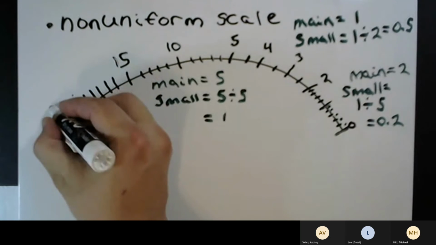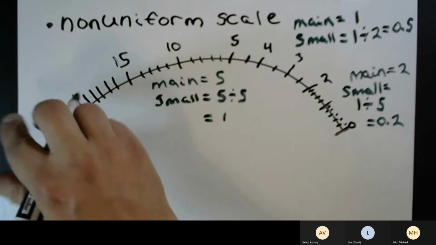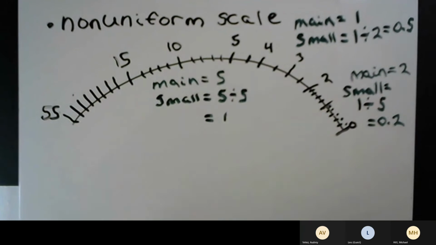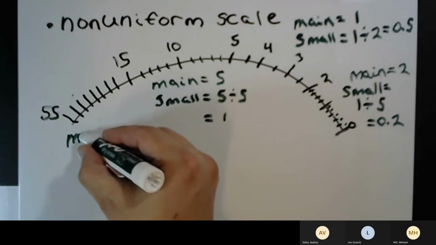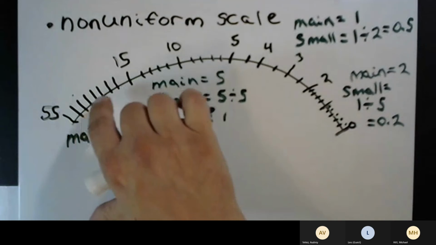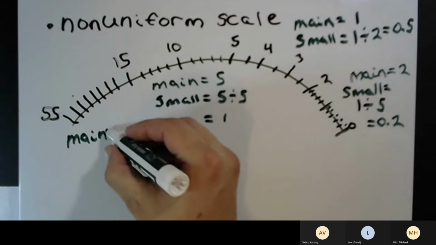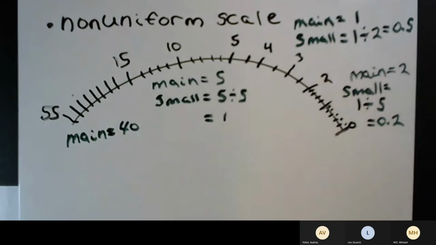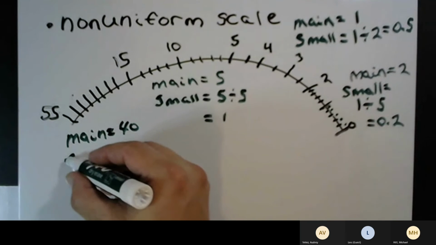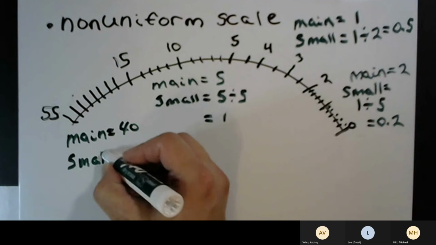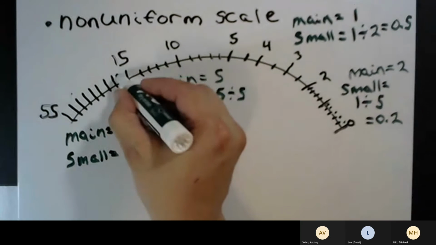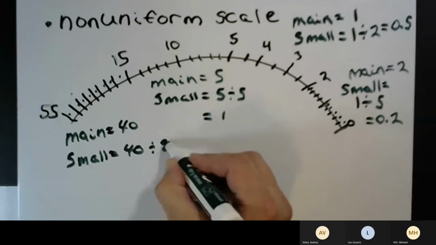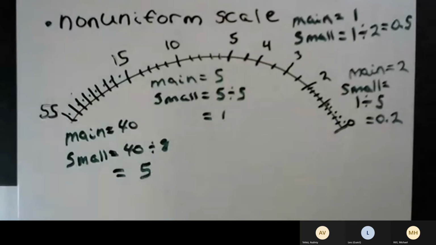Here, look at 55 here. And then finally over here, we have 55 and 15 that are labeled. So that's going to be 40. And then we take our small: 1, 2, 3, 4, 5, 6, 7, 8. And we're going to get 5.